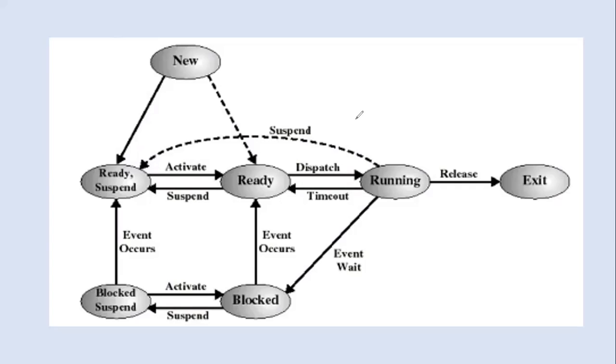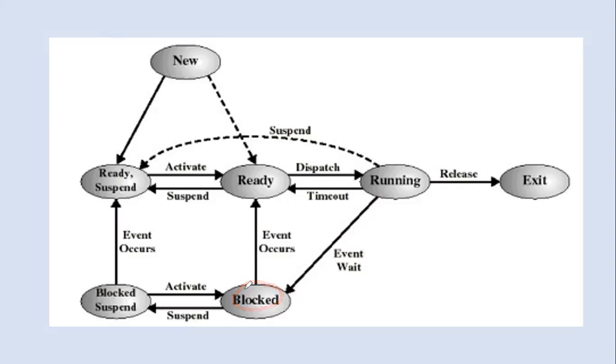As you can see, my dear students, just like for the other models, a process begins with a new state. It is prepared and joins the ready state. Then it is dispatched to the running state. If it makes a request for an event or an entry that needs to be made, that process will be blocked.